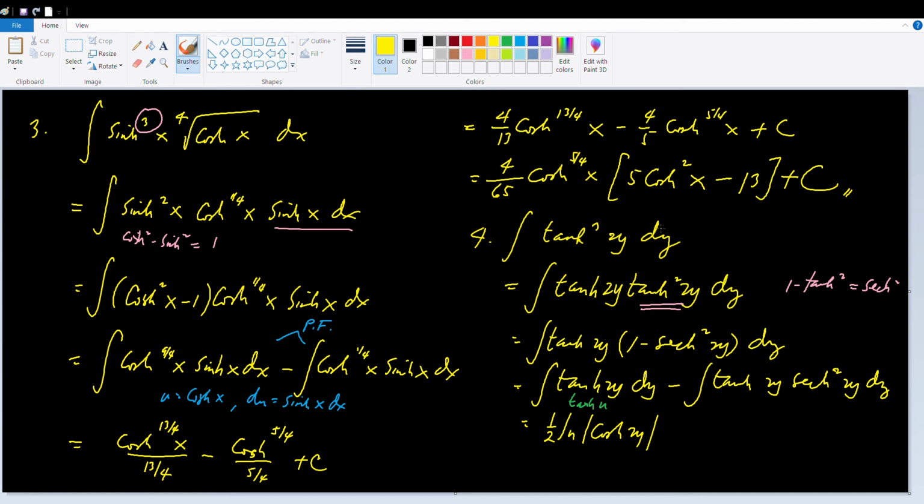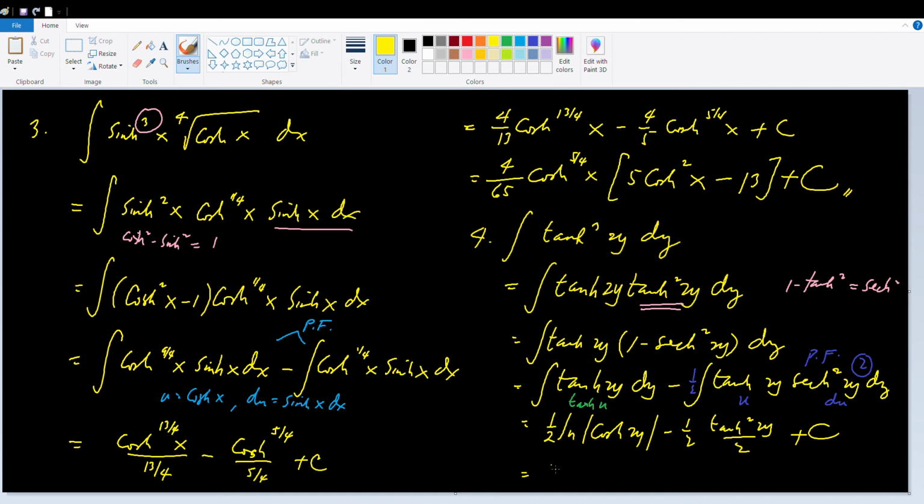For the next integral, we shall be using the power formula, where your hyperbolic tangent is u and your hyperbolic secant squared is your du. It only lacks 2 to complete the du, so we introduce also 1/2. So we'll be getting 1/2 and then the power formula: for hyperbolic tangent, it becomes hyperbolic tangent squared 2y all over 2 plus c.